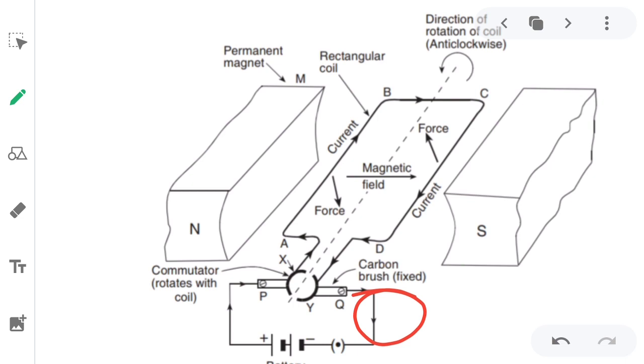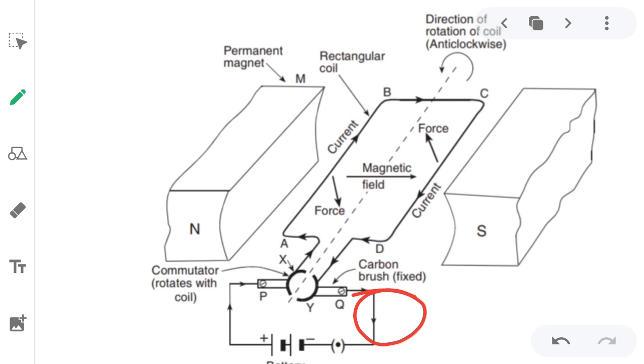A ring which is placed in the cycle: the tire of the cycle is held very firmly by the nut and screw, but the nut doesn't rotate, only the tire rotates. That happens because of the bush placed in between. So the carbon brush also works in that way.